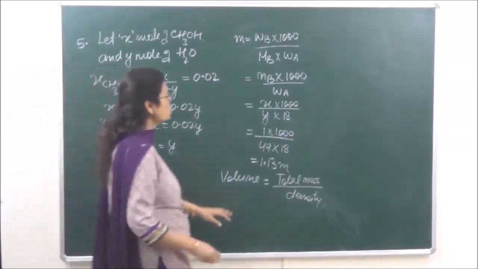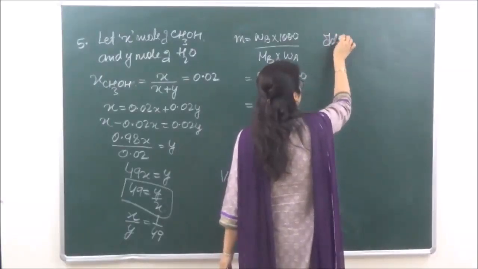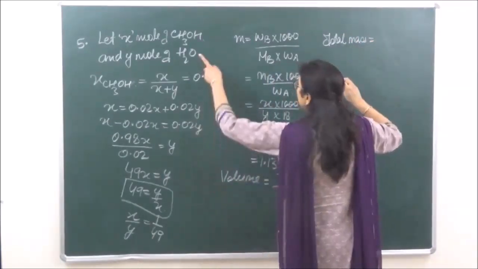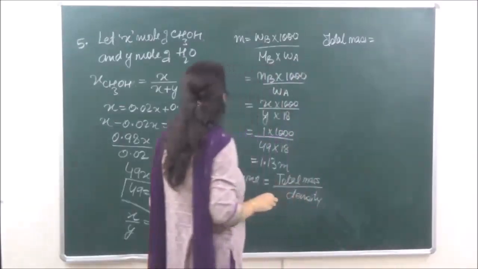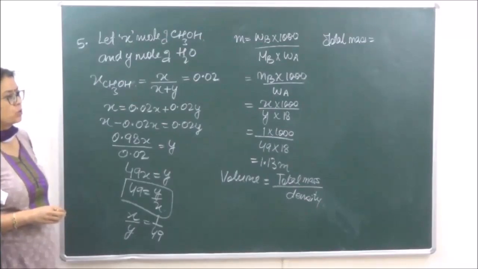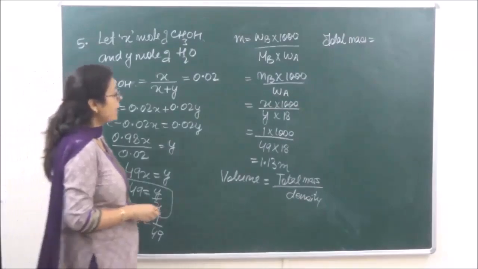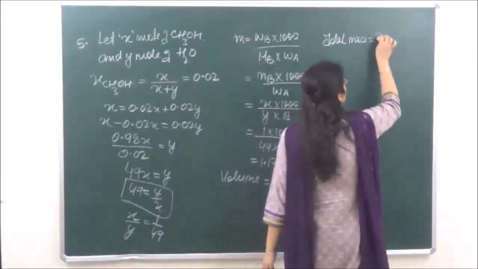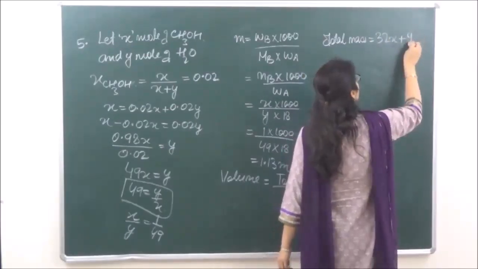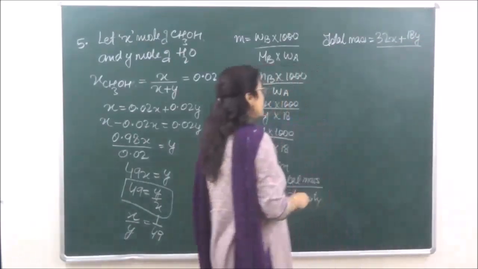Okay, so let's see what is going to be the total mass. The molar mass of CH3OH is how much? It is going to be calculated as 32. 12 plus 4, 16. 16 plus 16 is 32. So 32X plus Y moles of water, 18Y, upon density of the solution.